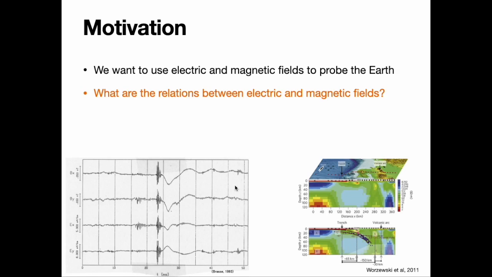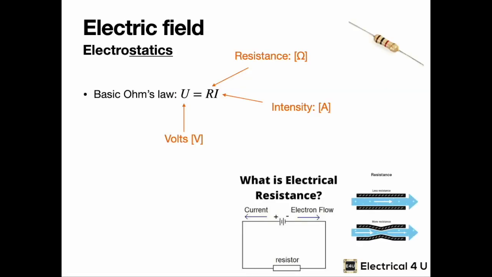So in order to reach this goal, it's important to wonder what is the relation between electrical and magnetic field. So let's start with electrostatics. One of the most basic laws we need is Ohm's law.